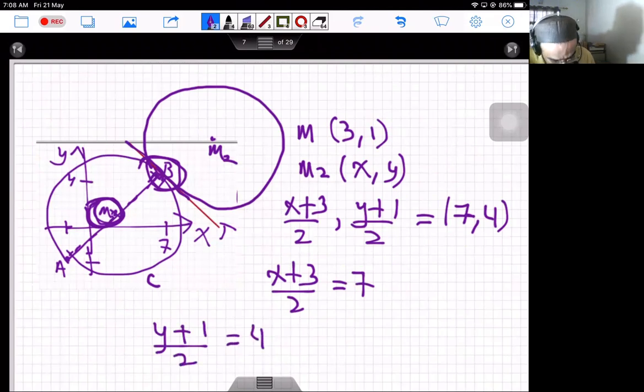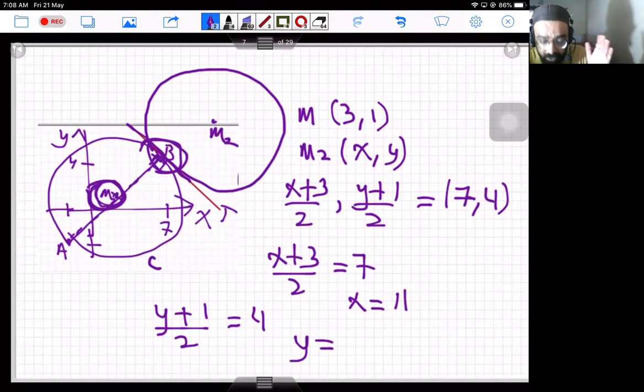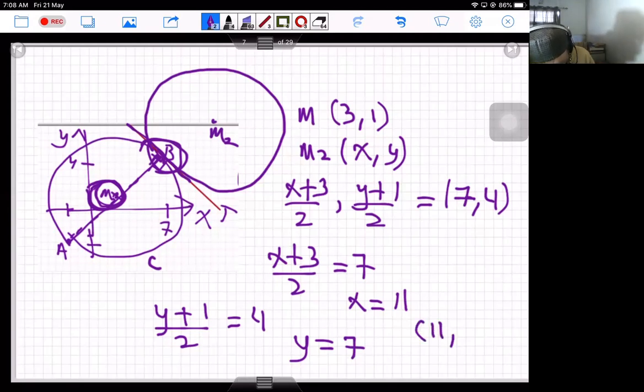Therefore x + 3 = 14, x = 14 - 3, x = 11, and y + 1 = 8, y = 8 - 1, y = 7. The center of the second circle is 11 comma 7.